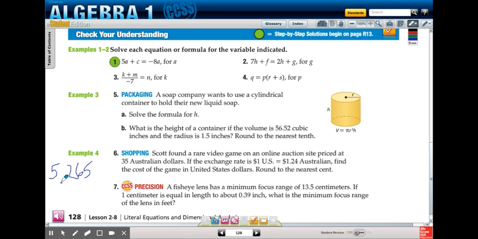And that is in inches. And then they want to know it in feet. So since this is inches, I have to take that and divide it by 12 inches to get a foot. So let's see what that gets me. I divide that number, 5.265, by 12, and I get 0.43875. 0.438. That is correct.